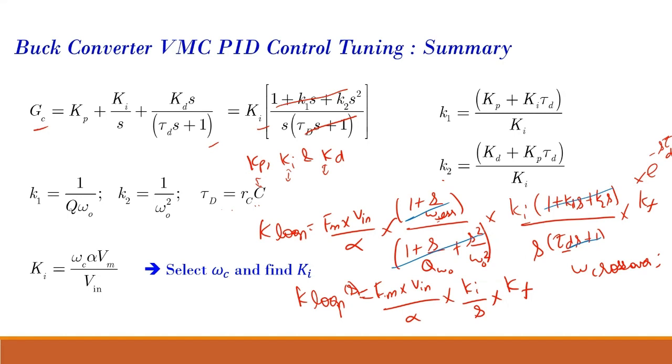Okay. So in this way, your K loop of s is Fm, Vn, alpha, Ki upon s into Kf. If you draw the Bode plot of it, it is just a reducing curve, because it is just some gain K upon s. It reduces at a slope of minus 20 dB per decade.